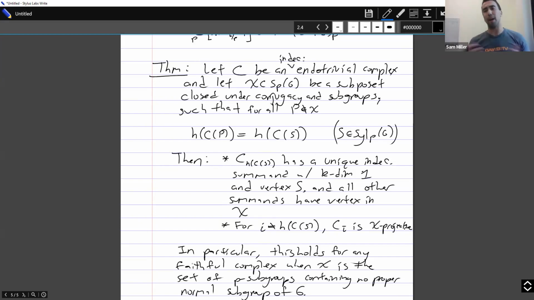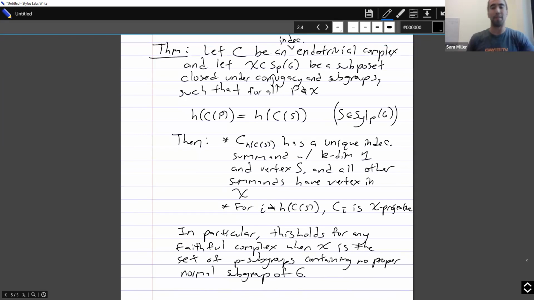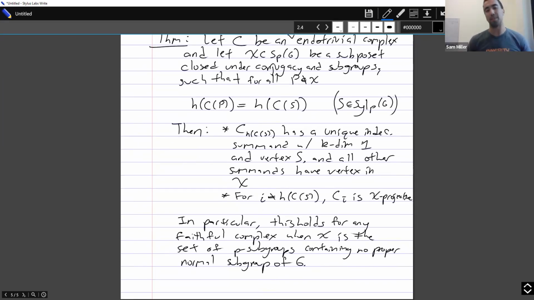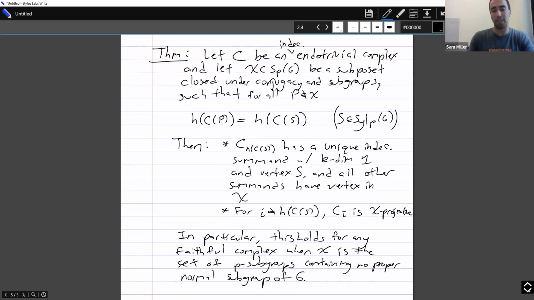And like in the endotrivial module setting, if you have an endotrivial complex, it turns out that it has a unique, non-contractible, indecomposable summand, and that summand is also endotrivial. Otherwise, you can say that this all holds up to homotopy. So if you just remove all the contractible summands, then the statement holds without the indecomposable statement. And so this tells us that if we have a faithful complex, it can only have so many different types of terms in it.